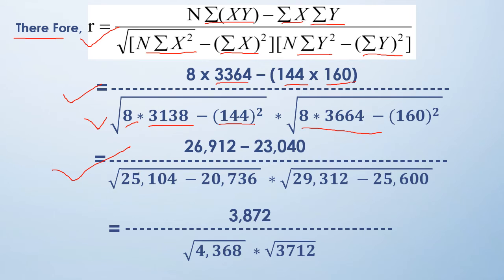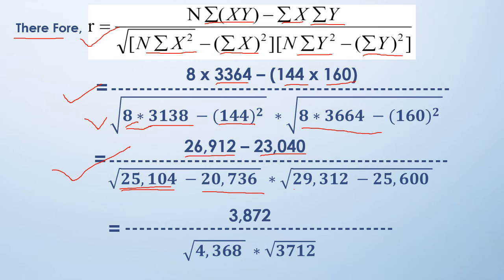Then 8 into 3364 means 26,912, and 144 into 160 is 23,040. You can do this calculation on your own calculator also. 8 into 3138 means 25,104 minus 144 into 144, take this value square, 20,736.